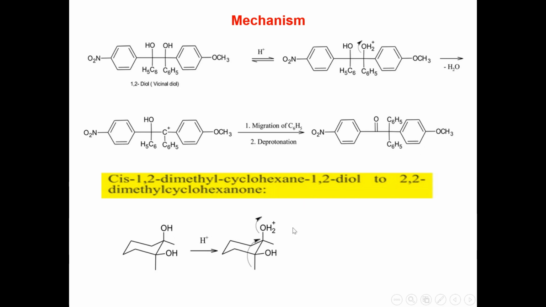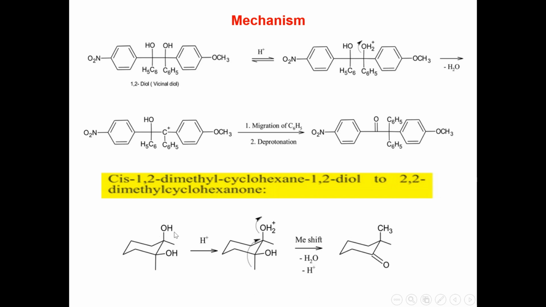It loses water molecule and a carbocation arises, and the adjacent carbon's methyl group which is attached to it will shift towards this positive center to give rise to the corresponding ketone.